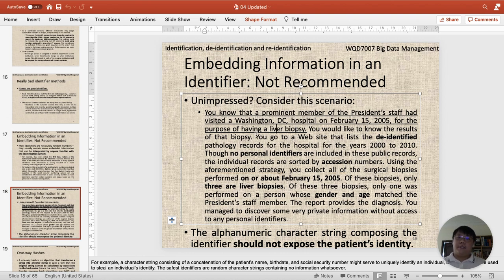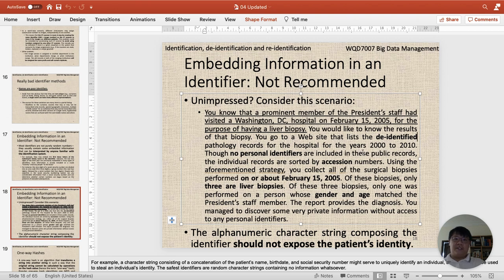So you go to a website that lists the de-identified pathology records for the hospital for the years 2000 to 2010. It's de-identified, so we assume the patient's information is removed, and you're not supposed to be able to know the identity of that particular patient.